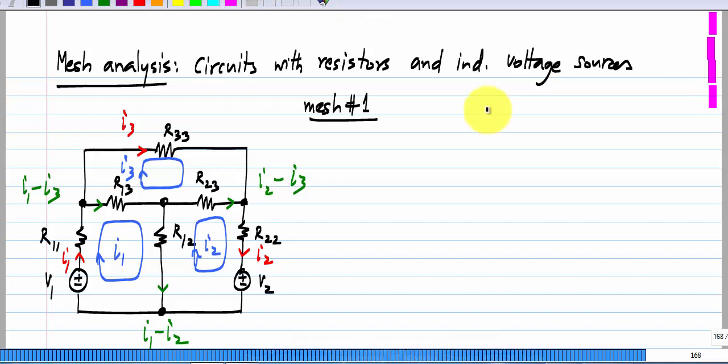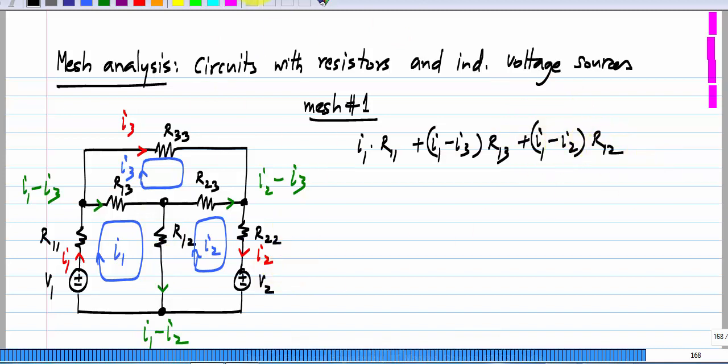So if I do that, what will I get? The voltage drop across R11 is simply I1 times R11, and the voltage drop across R13 is its current, I1 minus I3, times R13, and the voltage drop across R12 is I1 minus I2, that is the current through R12, times R12, and that will be equal to the rise of voltage V1.